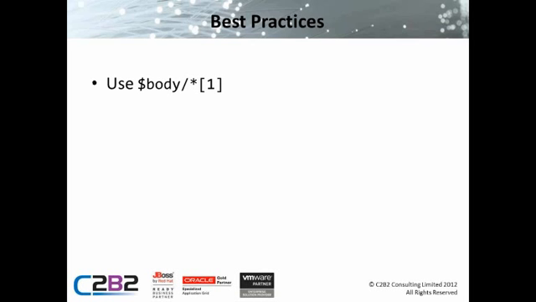Now this expression here, $body/*[1], now you might be able to work out what this does, but OSB can actually detect that as a special XPath. So not only are you getting the gains that I've mentioned before about using the index of 1 to get the root element of your body, it will detect that it's $body/*[1] and treat it as a special XPath that can be evaluated without invoking the XQuery engine.